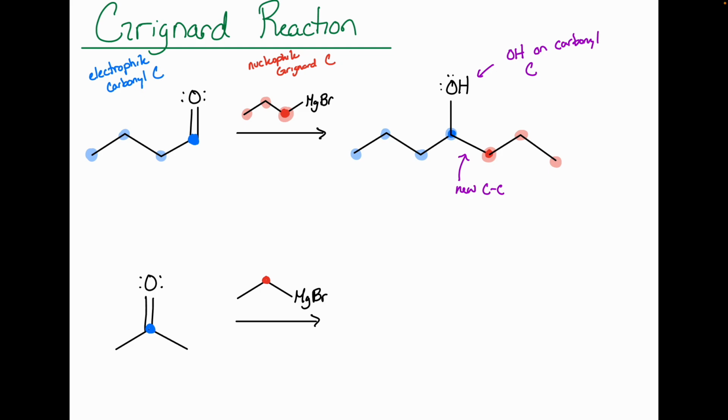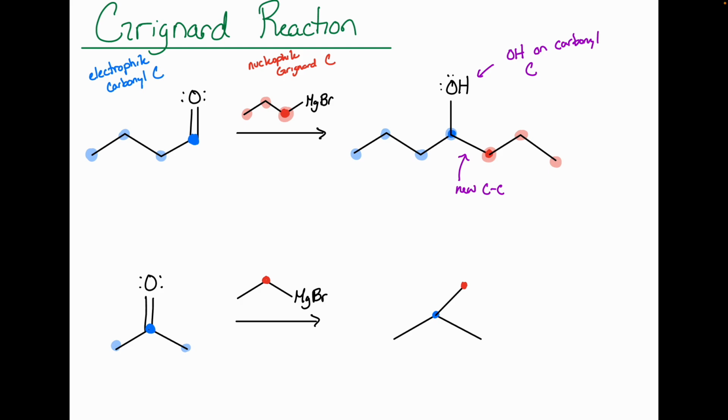So then when I draw my product, I'm going to start with those 1, 2, 3 carbons from my electrophile. It's that middle carbon that's playing the role of my electrophile here. So when I draw my new carbon-carbon bond, on the other side is going to be that red carbon, right?